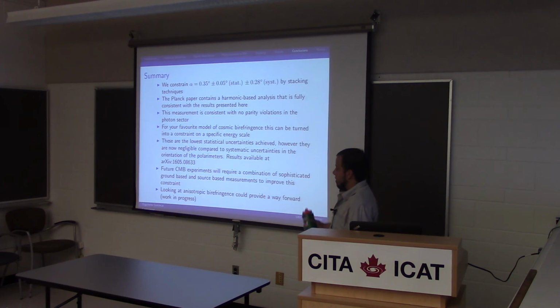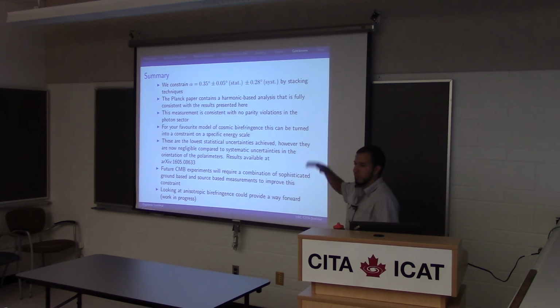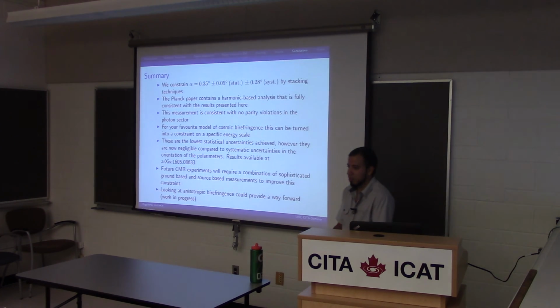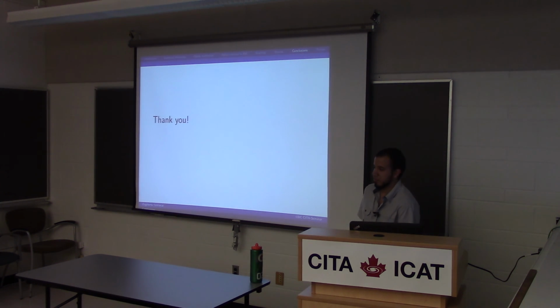We're systematics dominated here, so it's hard to see where the future of this kind of measurement will go without some pretty strong advancements in calibrating your polarimeters. And we're looking at the anisotropic birefringence to maybe move further along. Okay, thanks.